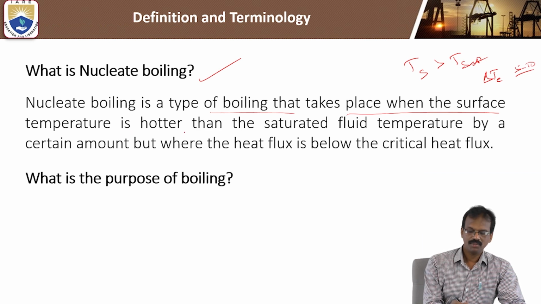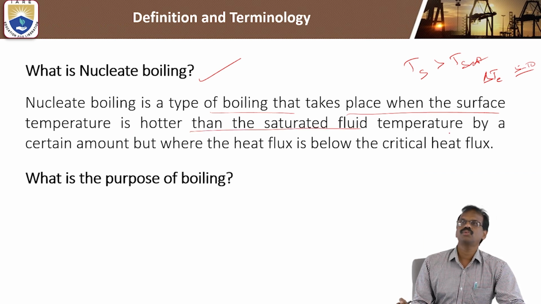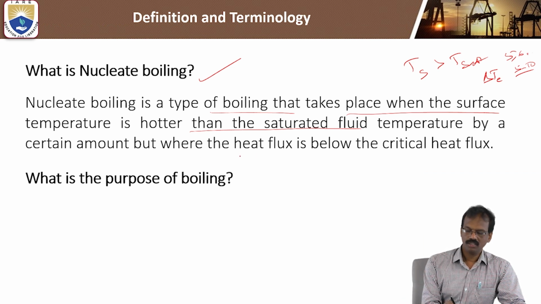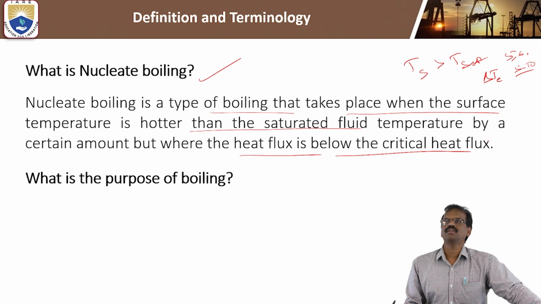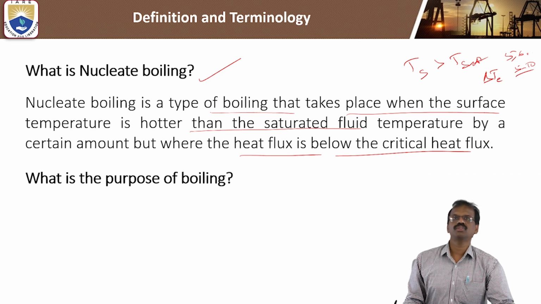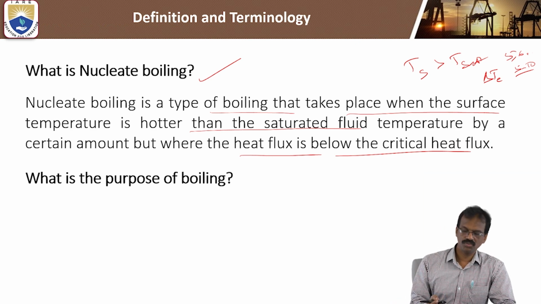So when the surface temperature is hotter than the saturation fluid temperature by a certain amount, not 0 but 5, 6 or 10, and the heat flux is below the critical heat flux, that is nucleate boiling.